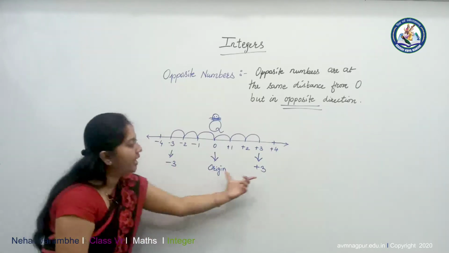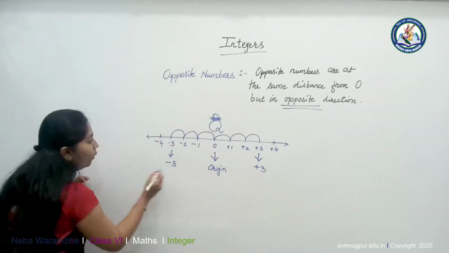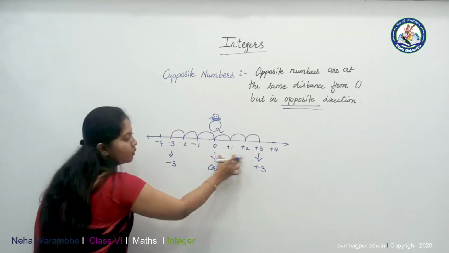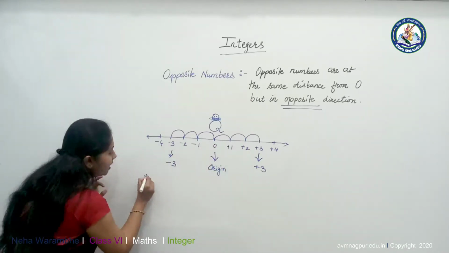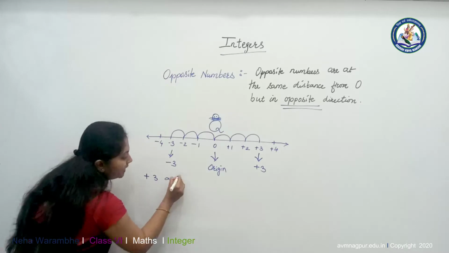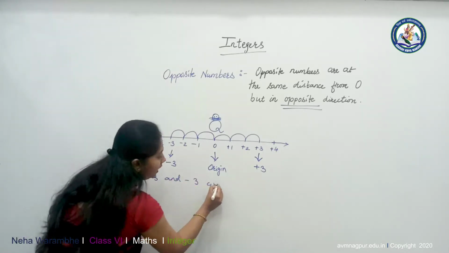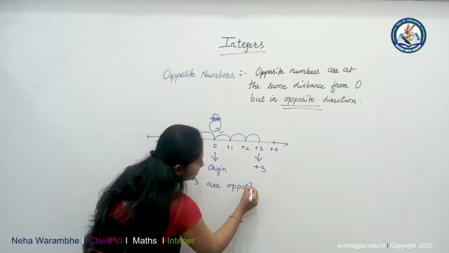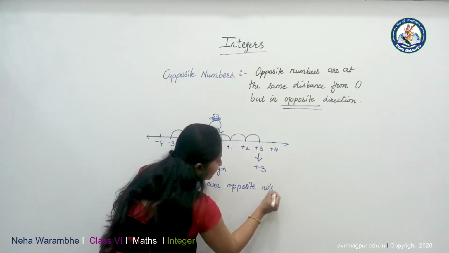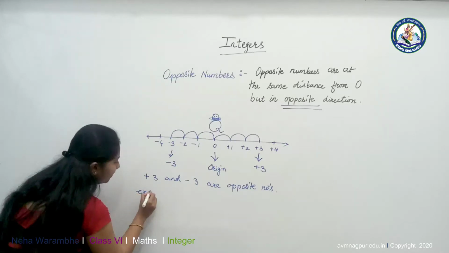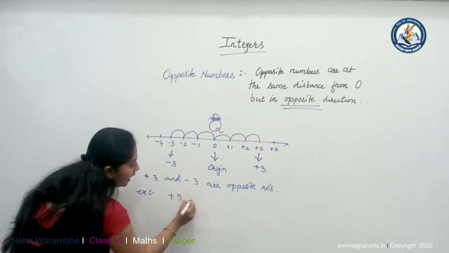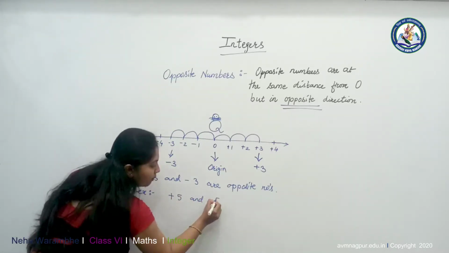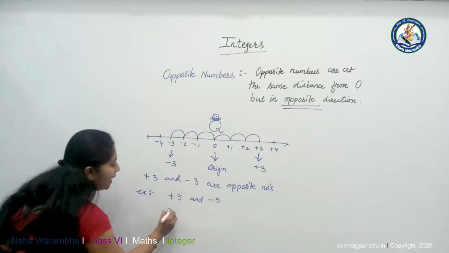Both the distances are equal from 0, only the direction is opposite to each other, that is, plus 3 and minus 3 are opposite numbers. For example, plus 5 and minus 5 are also opposite numbers.